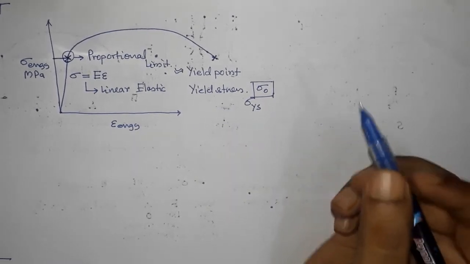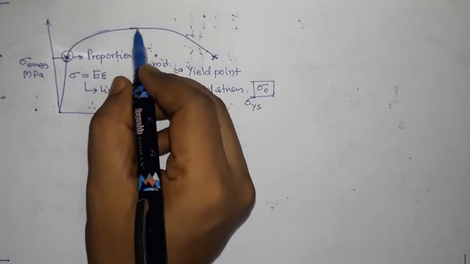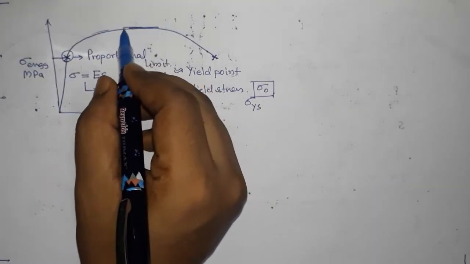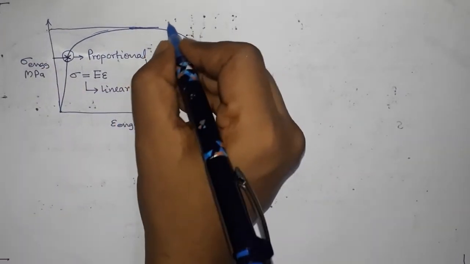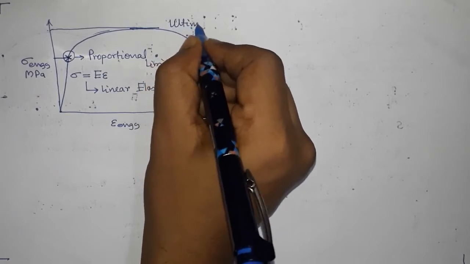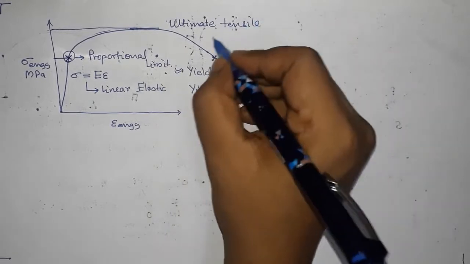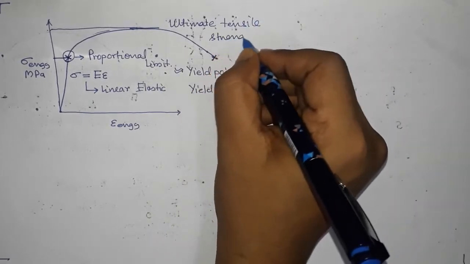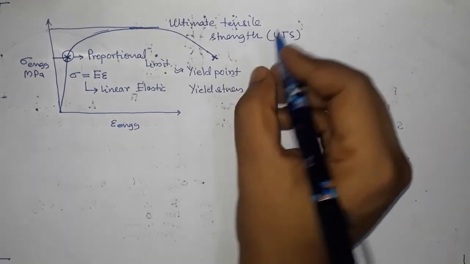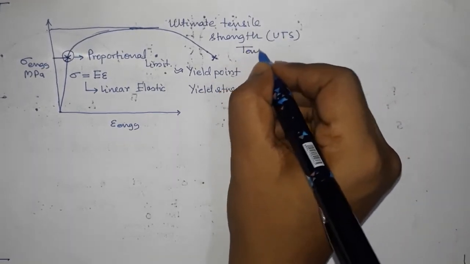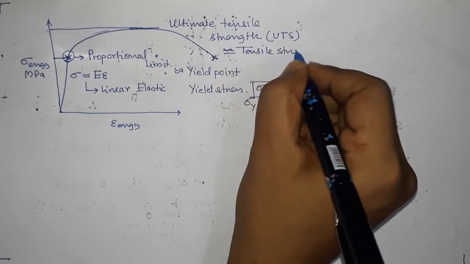Okay, so this is that, and then stress increases and then it reaches a maximum value. Okay, so this is the maximum value of stress, which is called the ultimate tensile strength, UTS, also called tensile strength, just tensile strength.